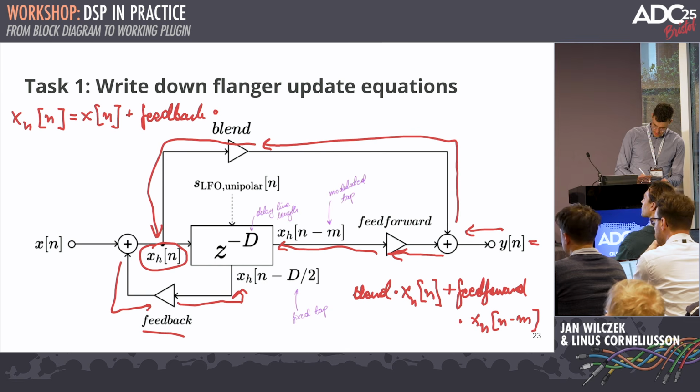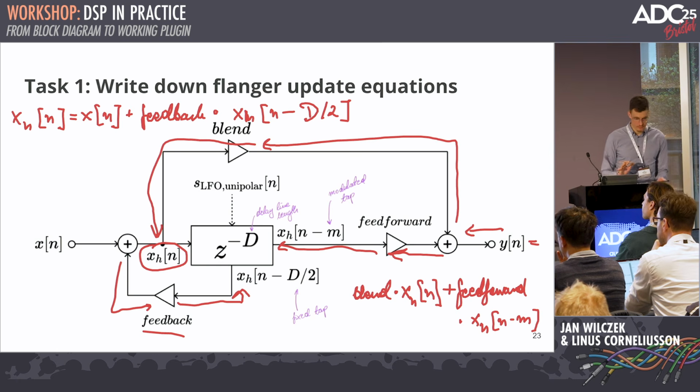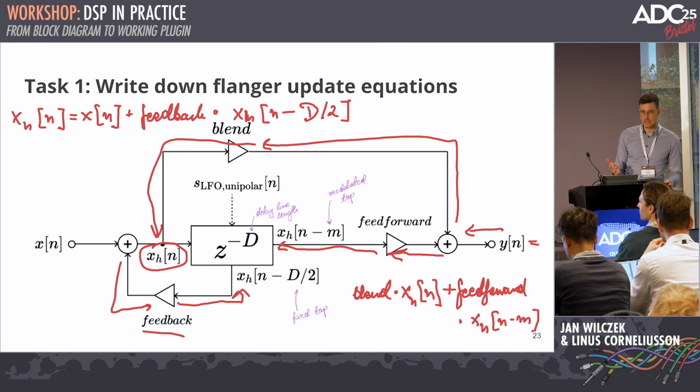So we go back here, and here a friendly hand wrote us what exactly should be here. So we have xh of n minus d divided by 2. What is d? I'll explain in a bit, but you may wonder now we have xh of n defined in terms of xh, which is suspicious, but this is exactly what feedback is.